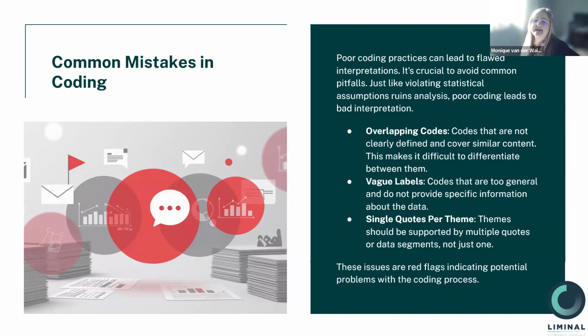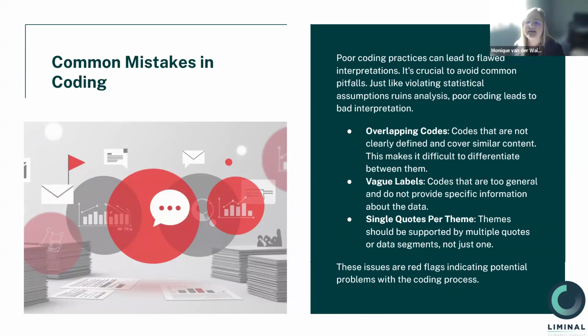So code overlapping is when codes are not clearly defined and therefore cover similar content, which makes it difficult to differentiate between them. This especially happens in the first cycle of coding, meaning you code, and eventually you realize that there are similar things and you merge them to ensure there are not too many codes that overlap.